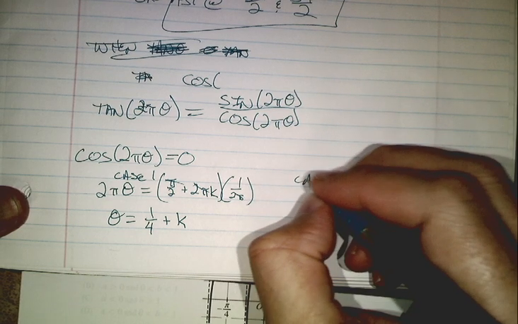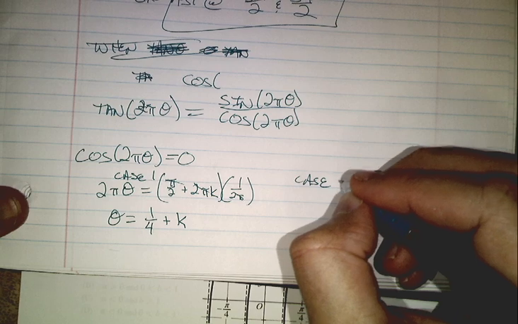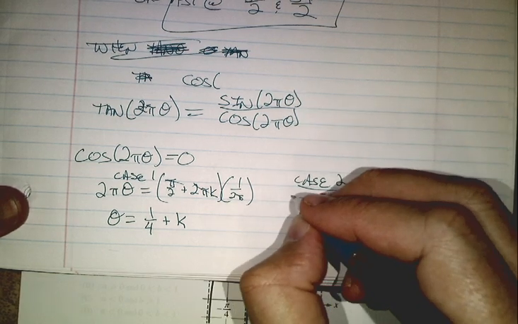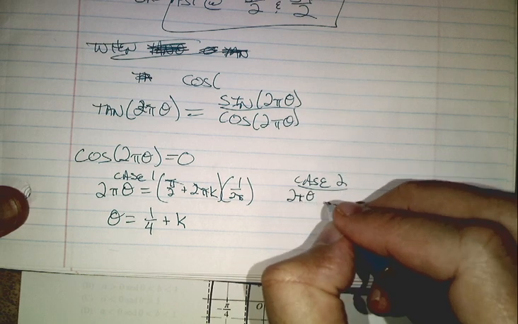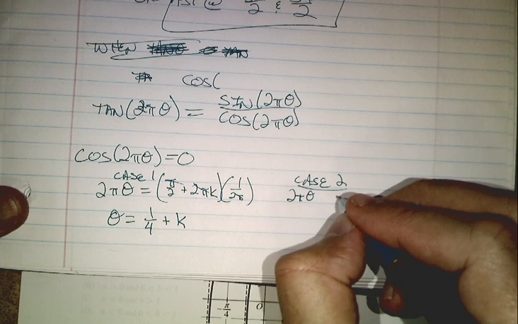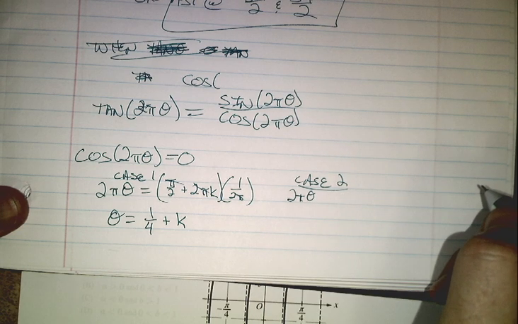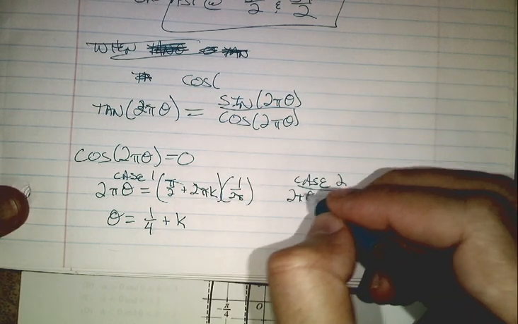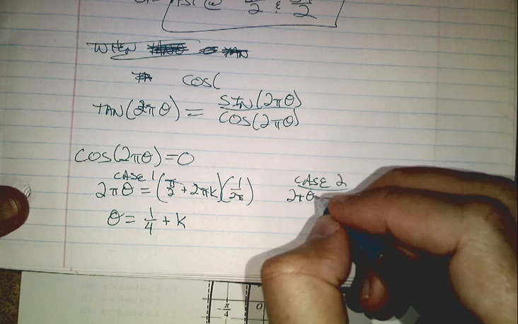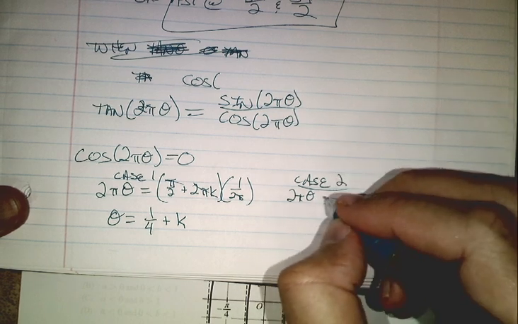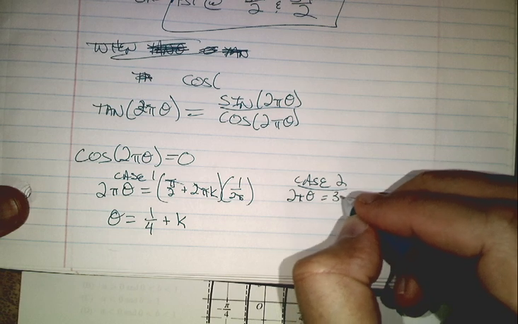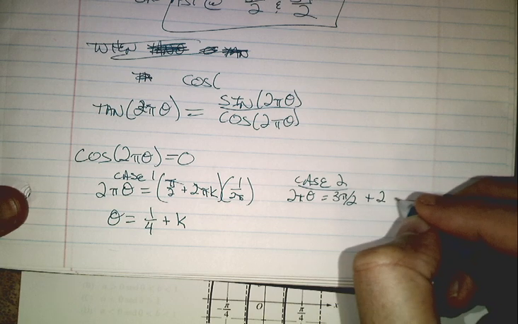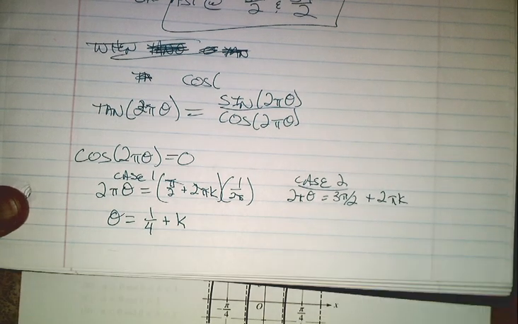Then case 2 is the other time, and that is going to happen at 3 pi over 2. So we get 2 pi theta, or shortcut, tangent is pi, let's just do it this way. 2 pi theta equals 3 pi over 2 plus 2 pi k.